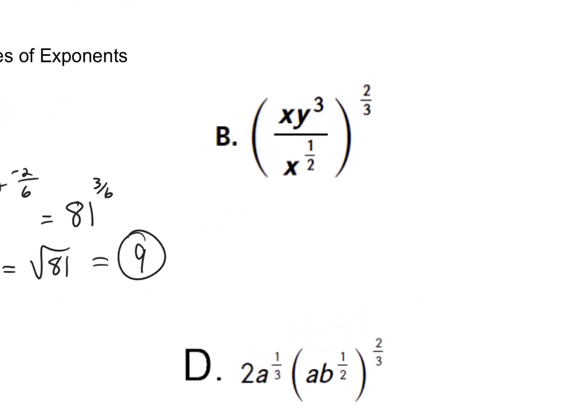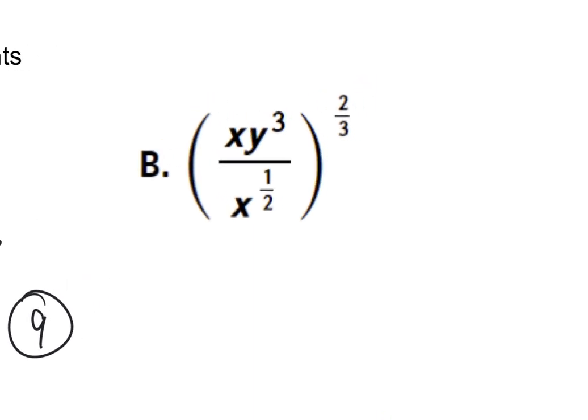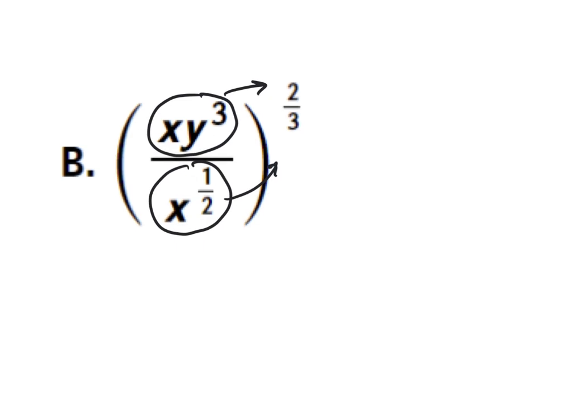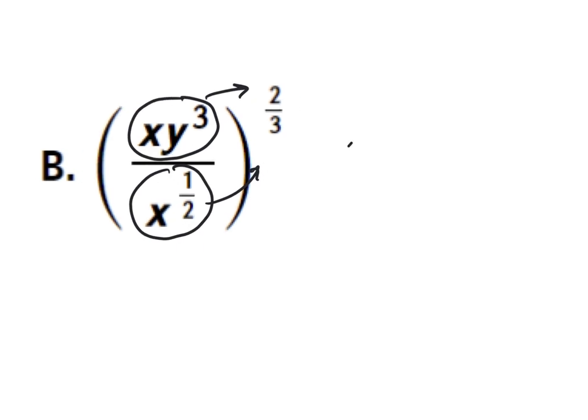All right, letter B. We have a few things going on here. The first thing we're going to do is take the numerator to the 2/3 power and take the denominator to the 2/3 power. We're going to remove those parentheses. When we do that, we're going to have x to the 2/3 in the numerator.